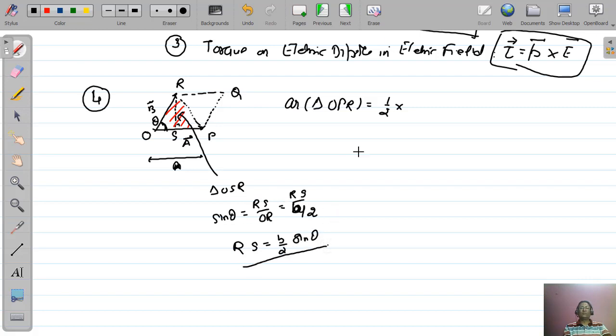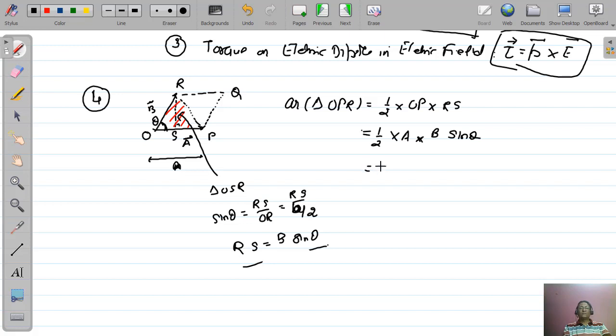We put this value here. So the area of this triangle is half of base into altitude. Base is OP and altitude is RS. Putting the values here, it comes half into OP which is A, and RS is B sine theta.